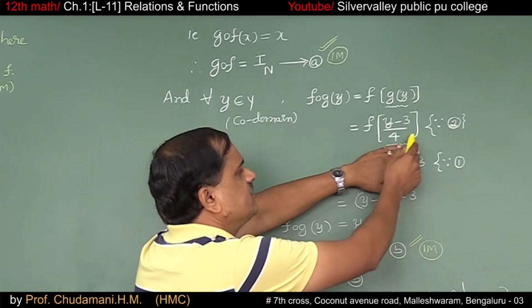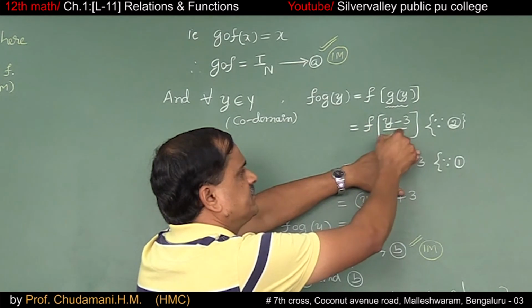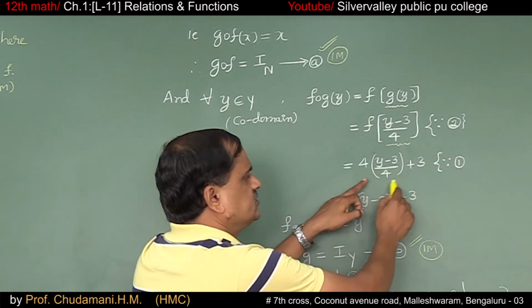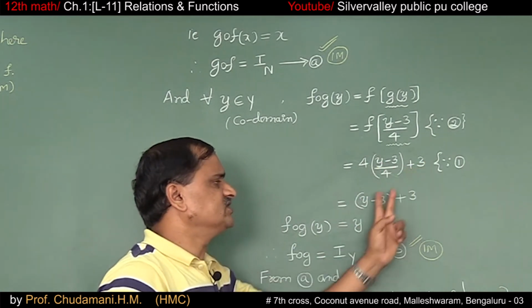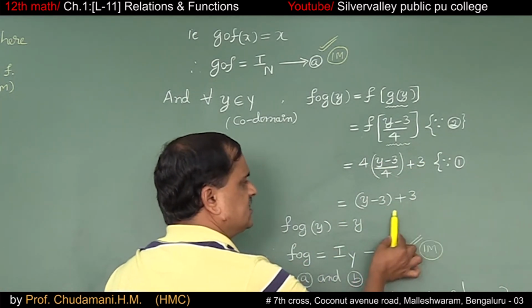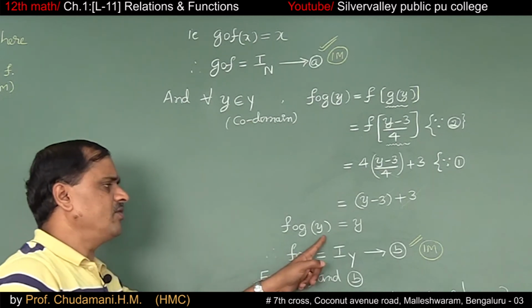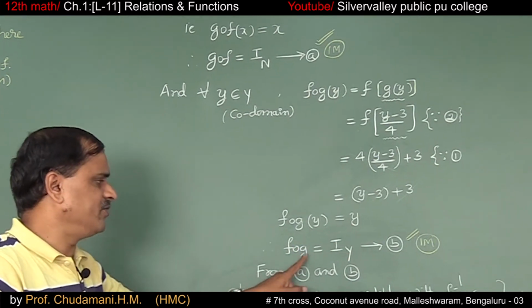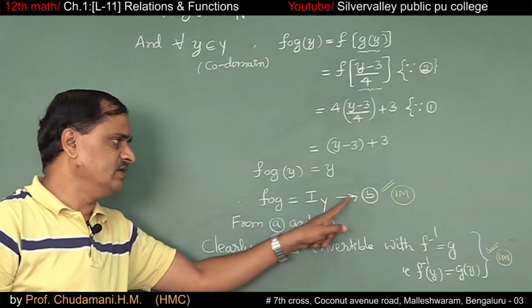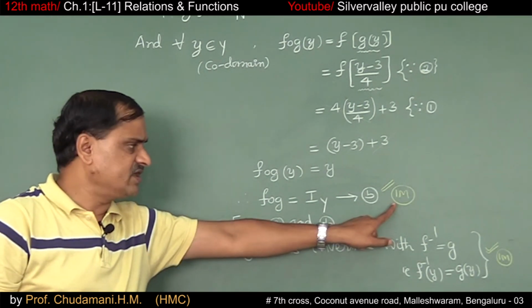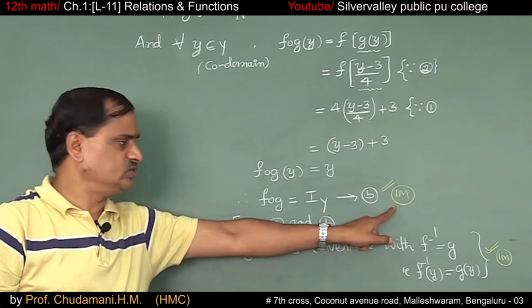F of t means 4t plus 3. F of this means 4 into this plus 3. 4 gets cancelled. Y minus 3 plus 3 means again 3 gets cancelled. FoG of y is equal to y. Therefore, FoG is an identity function on the codomain, that is capital Y. Say this is equation B. For equation B, you get the third mark.